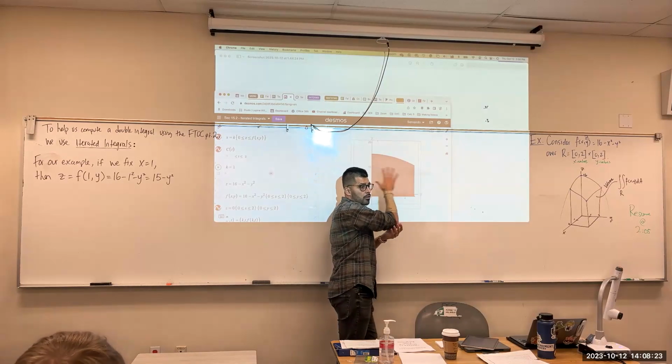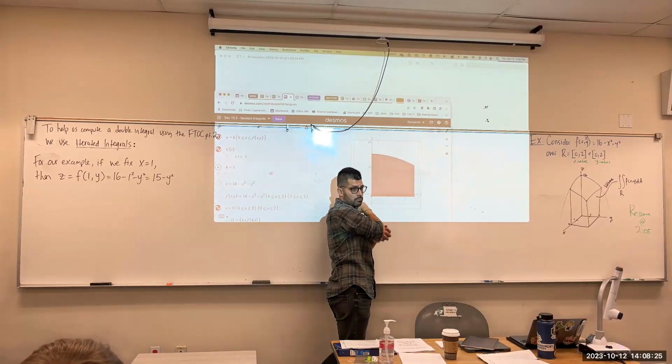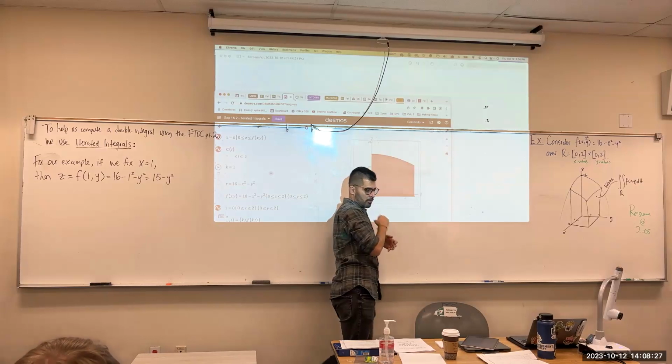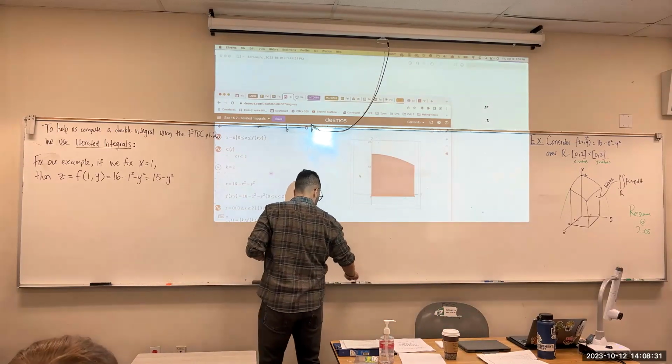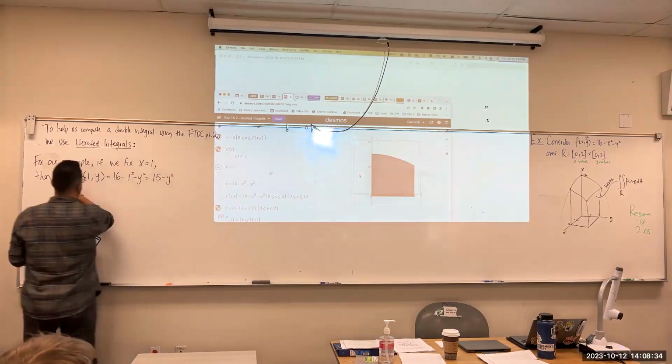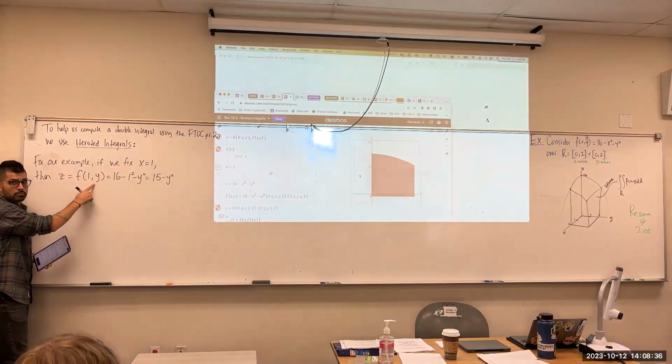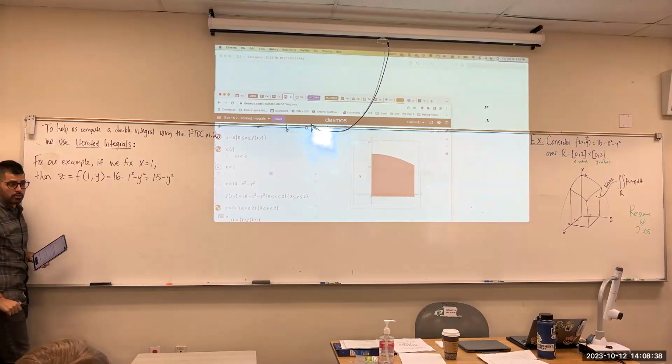In Calc 1, you know how to find the area under the curve of that, right? You guys know how to do that. So notice that now you have z as a function of one variable, so you can use Calc 1 integration to help you find that area.